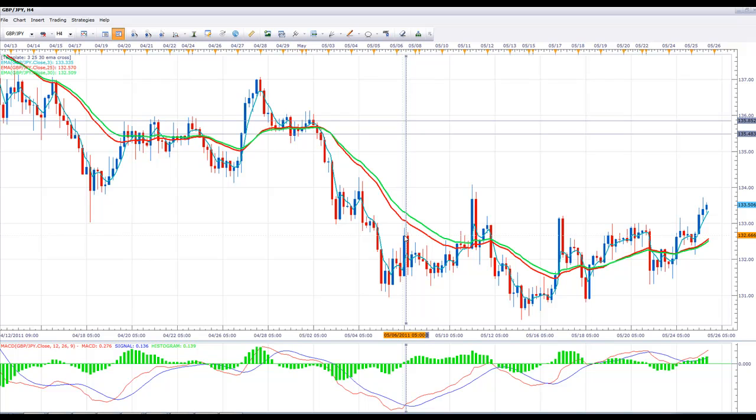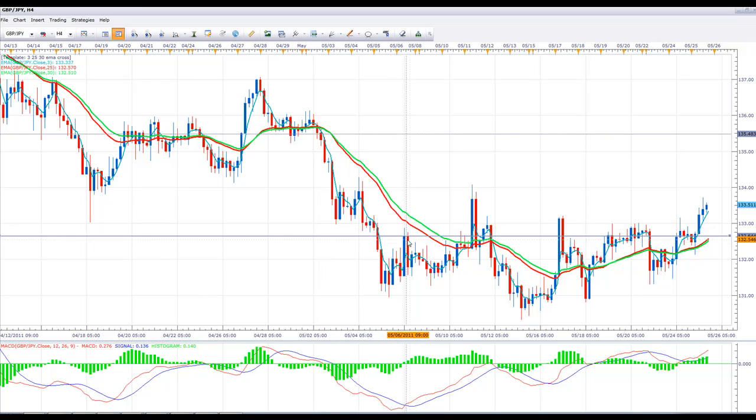So your exit would be right here, and your total profit on this trade would be about 280 pips. And at the point of this cross, you would still have one position open since you opened 3.